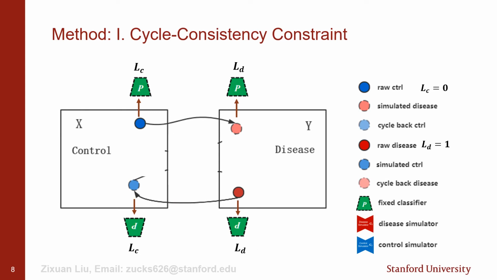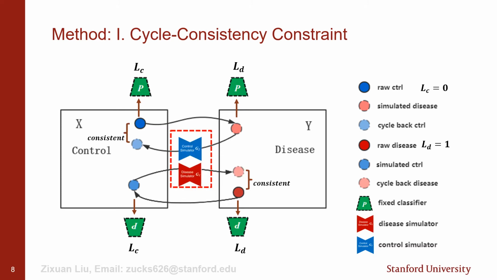Since we cannot get paired views to supervise the simulation networks, we extend the simulation process by further recovering the raw input image from the simulated image using the other simulator. This cycle-back image should be as similar as possible to the raw input image in both directions. In this way, we can constrain the simulation process to be invertible and able to generate valid simulated images.